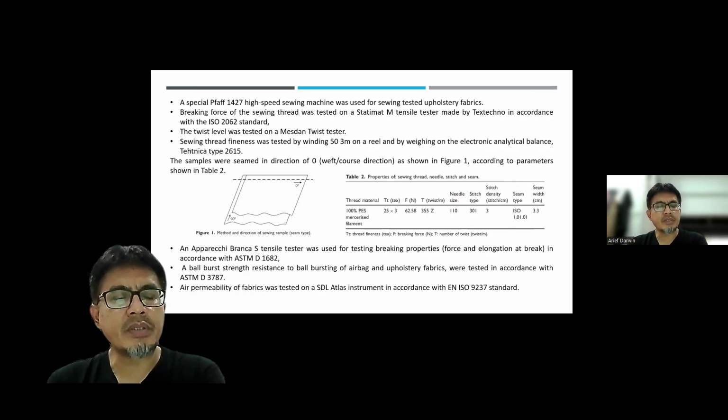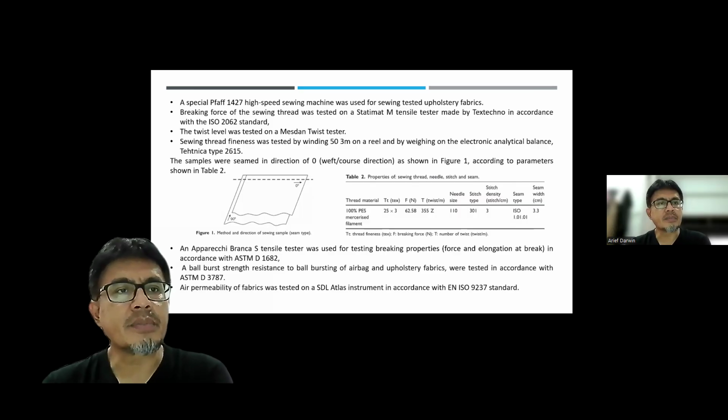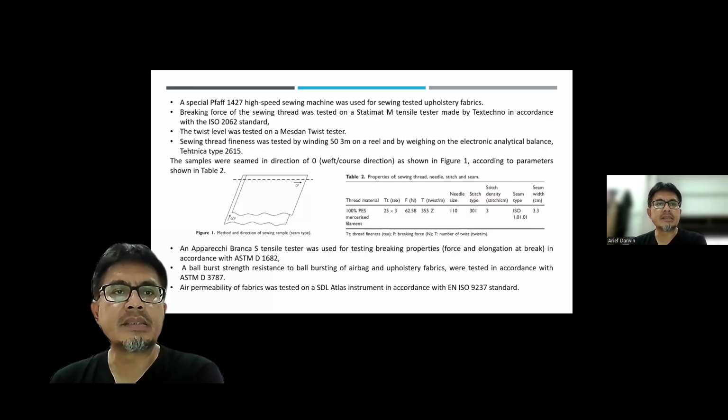The other equipment that we are using in this trial is the sewing machine. It's a special PAF 1427, a high-speed sewing machine.